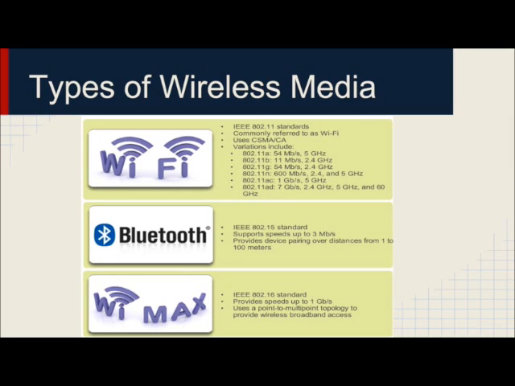Standard IEEE 802.15, Wireless Personal Area Network, commonly known as Bluetooth. Standard IEEE 802.16, commonly known as WiMAX, worldwide interoperability for microwave access, uses a point-to-multipoint topology to provide wireless broadband access.